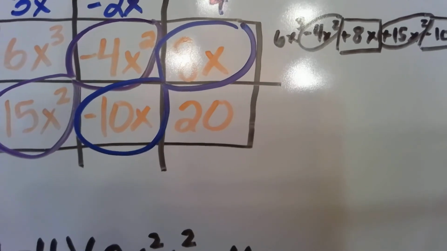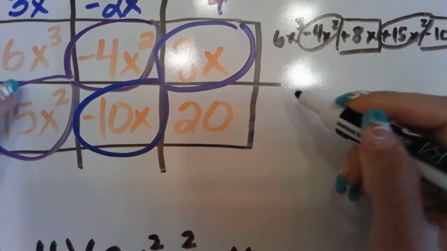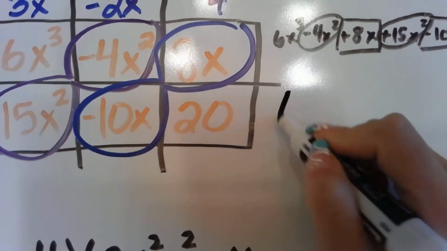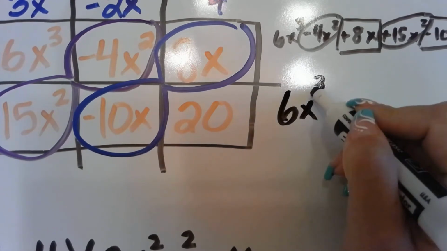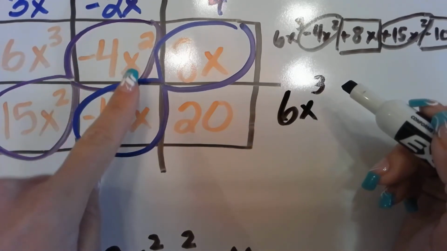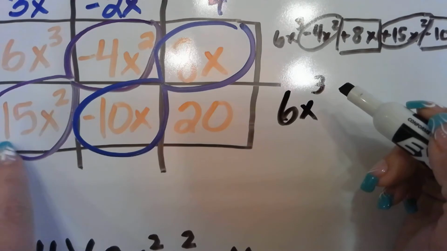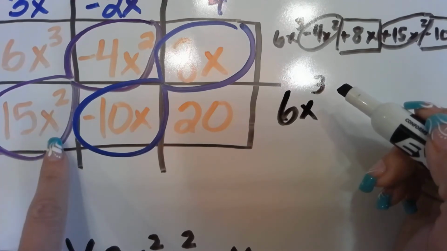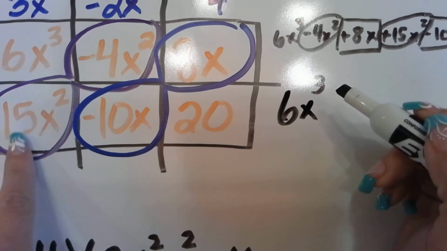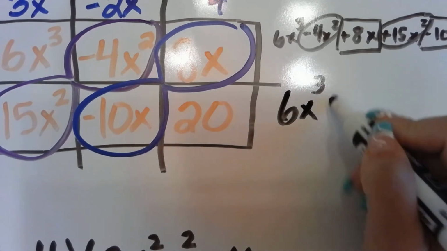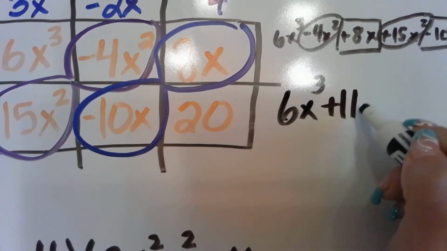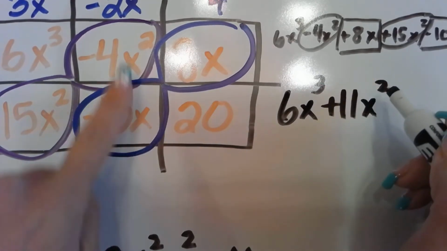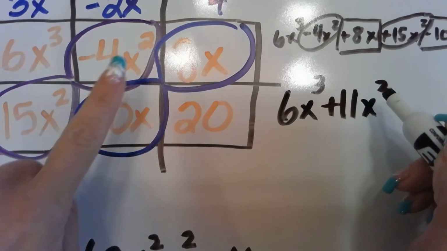So we're not combining 6x to the third, so we're just going to write 6x to the third. Now negative 4x squared plus 15x squared, so 15 minus 4 is going to be plus 11x squared, because they both have the x squared.